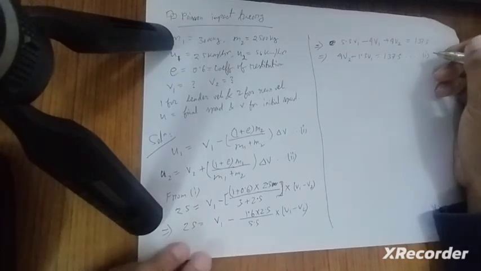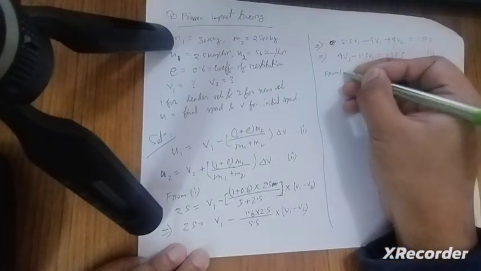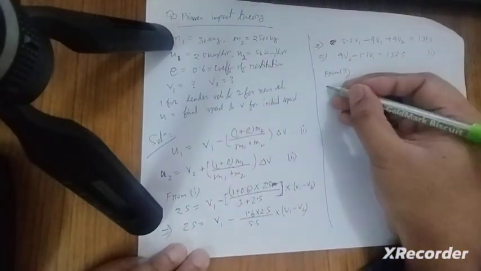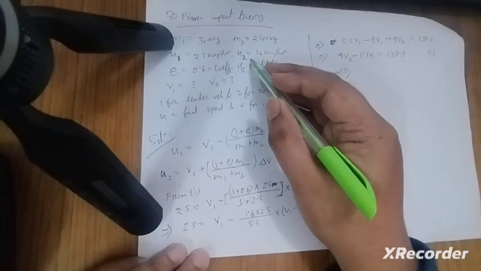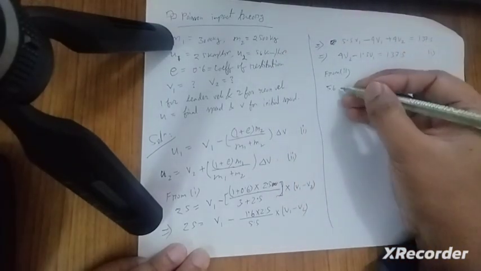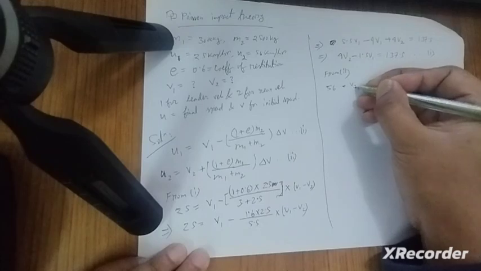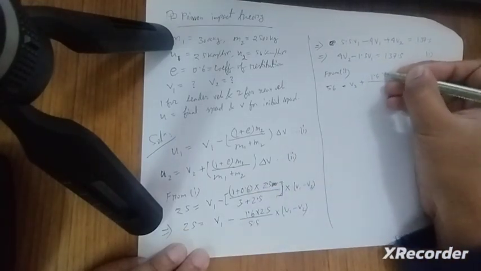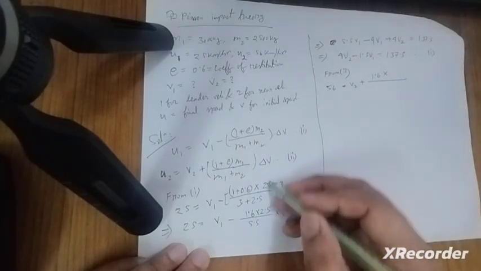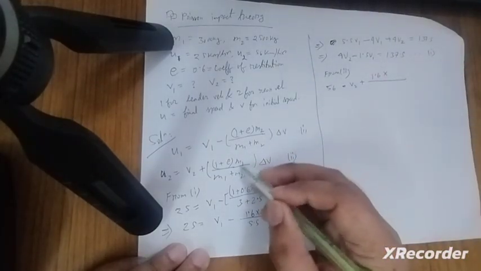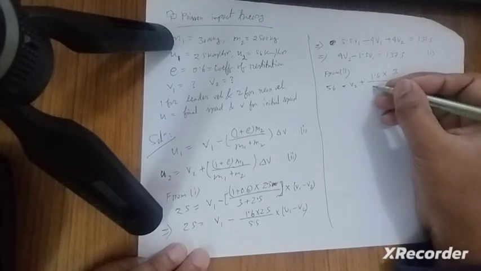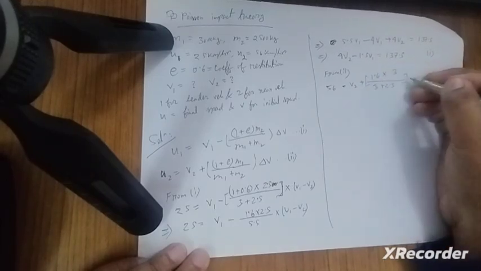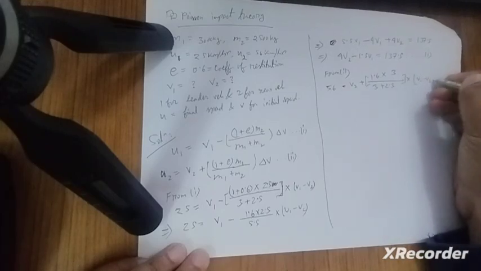Again, from equation 2 we get our u2 value, which is given as 56. That is the final velocity of the rear vehicle, equal to v2 plus, and we do not know the value of v2, 1 plus e, that is 1.6, into the mass of the leader vehicle 3, divided by the mass of the leader vehicle plus the rear vehicle, multiplied with (v1 minus v2).